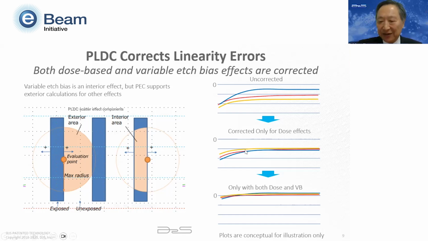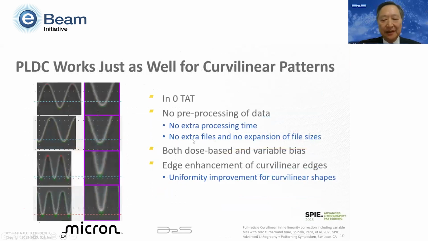And it's way better than not doing variable bias, and it's way better than not doing anything. And all that works in Manhattan just as well as diagonal curvilinear patterns, right? No changes. Exactly the same pixel-based manipulation because of the nature of how pixel-based computing works. It works for curvilinear shapes too.